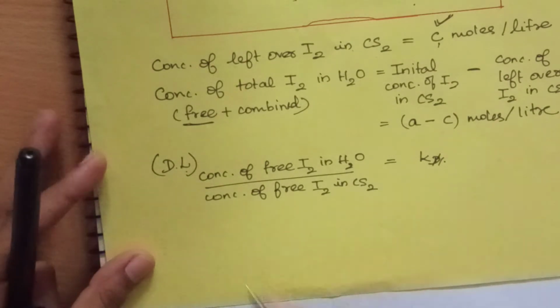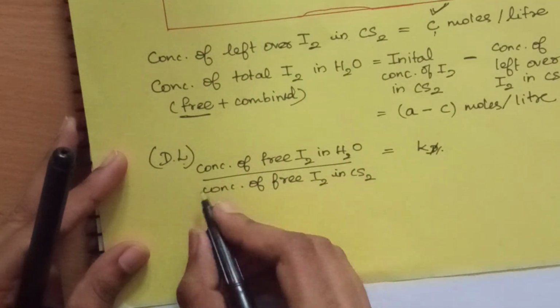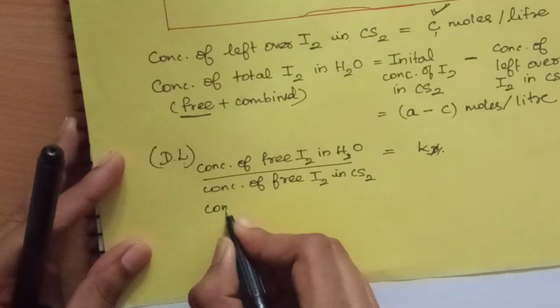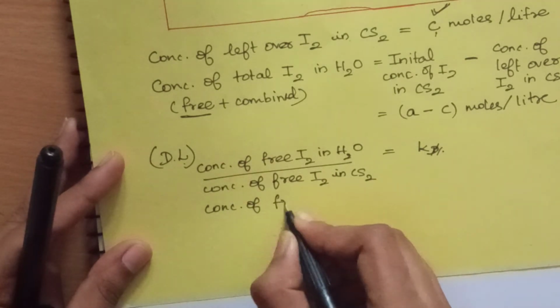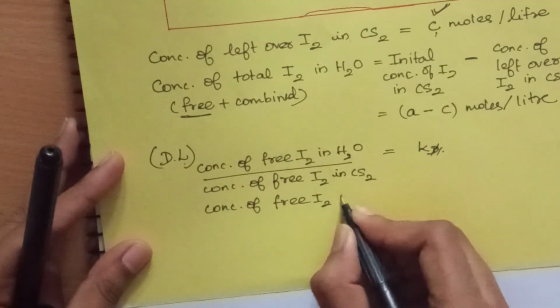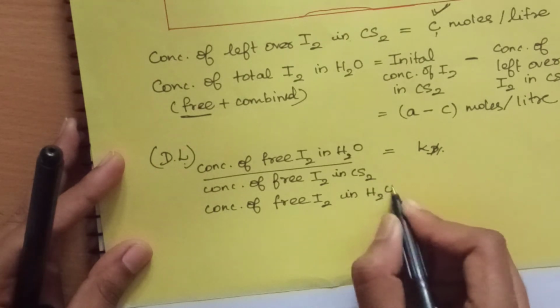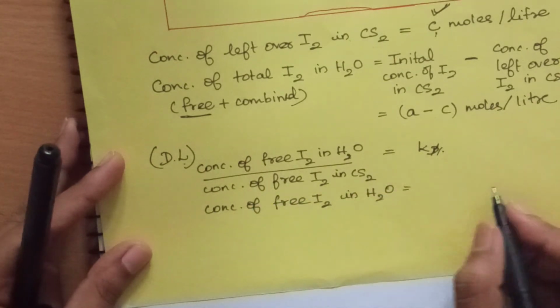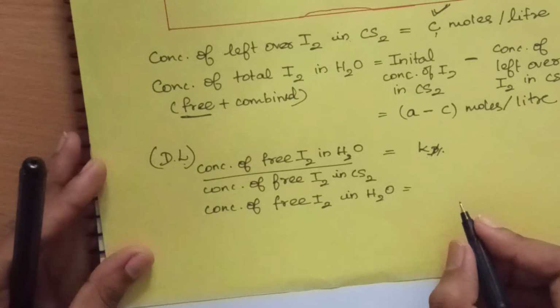So the concentration of free iodine in water is equal to K into the concentration of free iodine in the carbon disulfide layer.